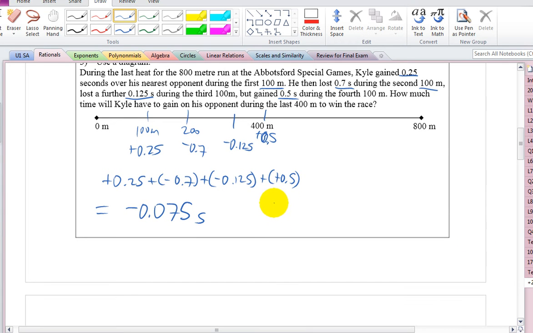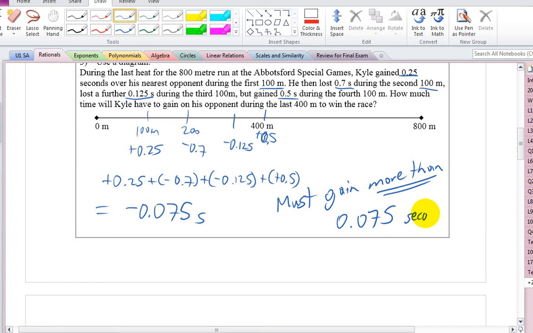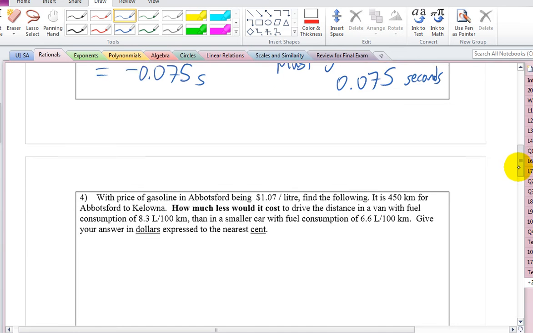Here is that he must gain more than, that's some key words, more than 0.075 seconds. Okay? Because if he just gains 0.075 seconds, what just happened? Tied. Okay? So be careful with a word problem like that. They might throw that curveball at you.